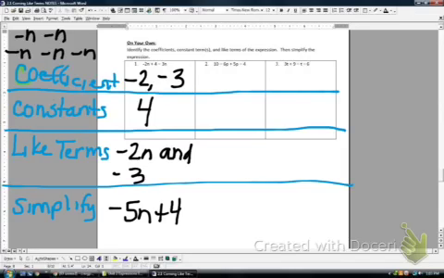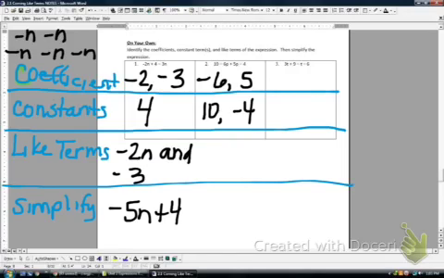Okay, let's look at the next, number 2. My coefficients are numbers that are part of the variable. So in this one, it would be negative 6 and positive 5. I don't need to write the plus sign because it's understood to be positive. Then my constants are terms that don't have variables attached to them. So in this example, 10 and minus 4, or negative 4, it's the same thing, are my constants.